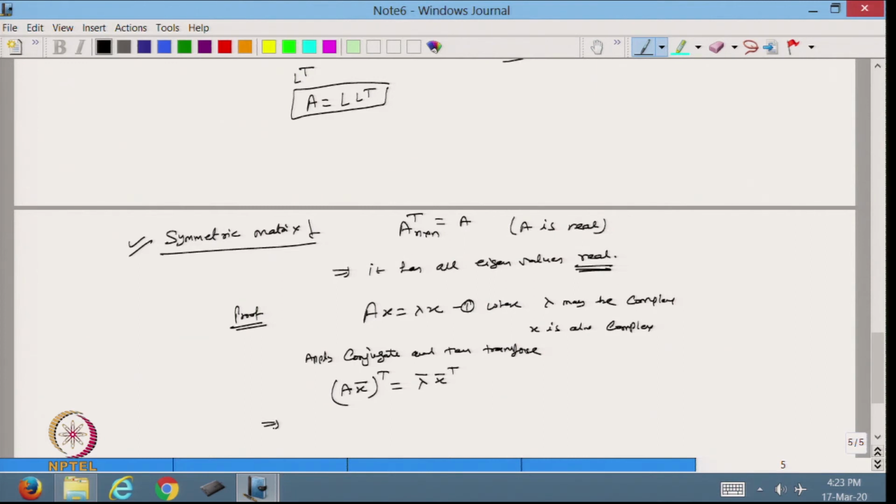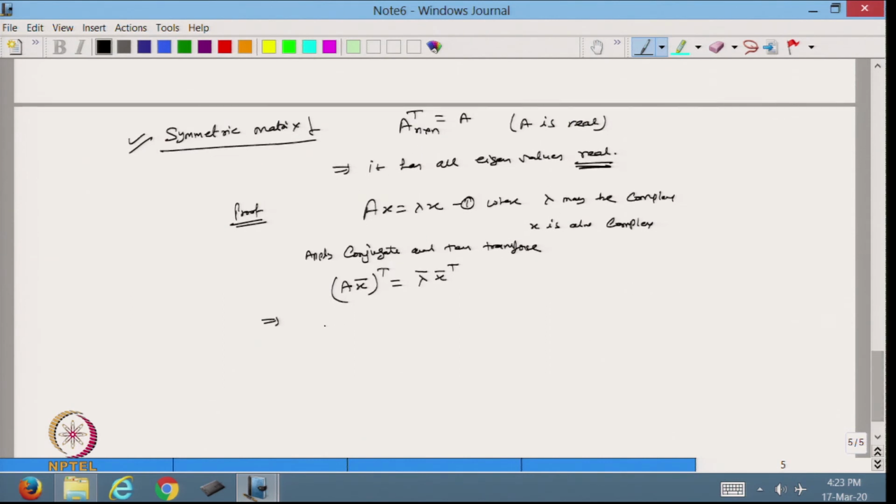So, from here I can write this equation as x bar transpose A transpose is equal to lambda bar x bar transpose. Now, I know that A transpose is equal to A. So, that gives me x bar transpose A is equal to lambda bar x bar transpose. That equation I write as 2.